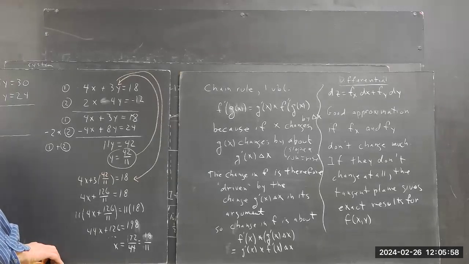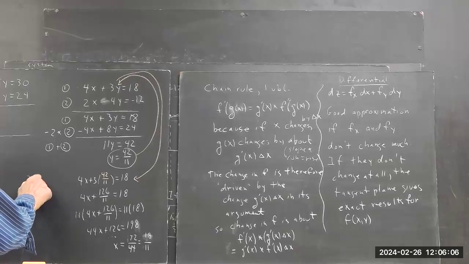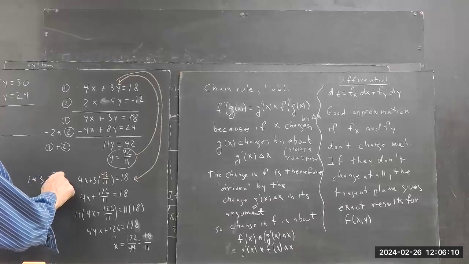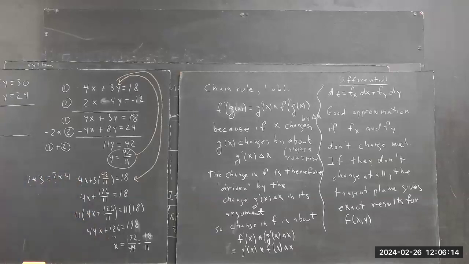Some people had a little trouble understanding the question, but I want some number times 3 equal some other number times 4. And you give me two numbers to put in for these question marks, they'll give us the same result.